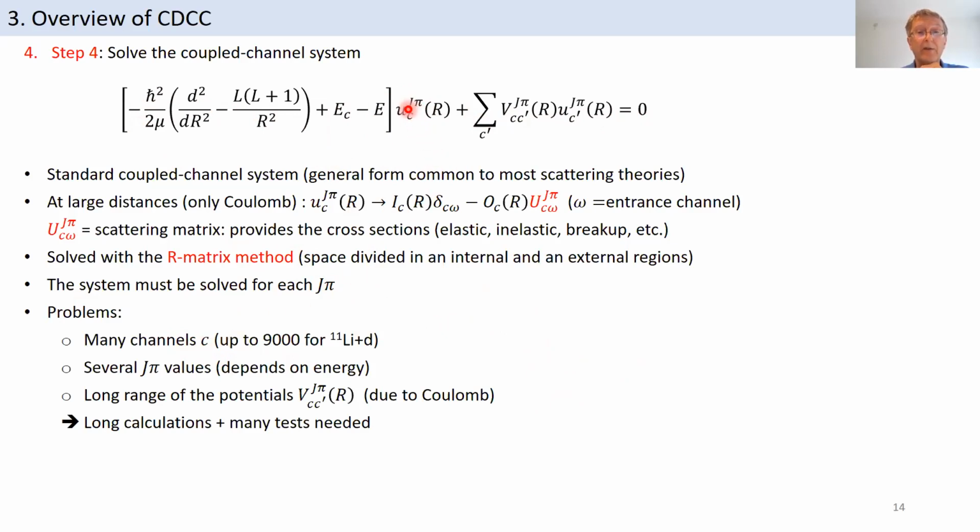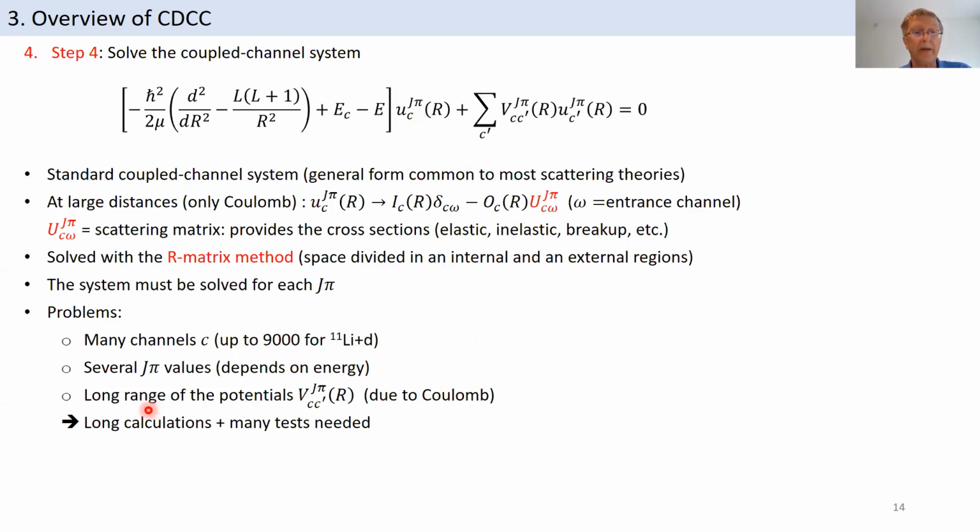So I remind you that C here stands for the pseudostates, but also for the channel spin and the angular momentum. So when you include everything, at the maximum for lithium 11 plus D, I have something like 9,000 values for C. So this is a really big system, which takes a lot of computer time.